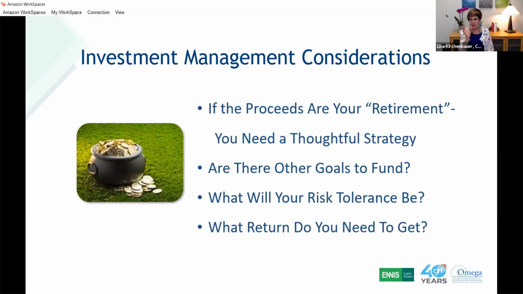And yet, as you can start to see, there are multiple facets to really having a good wealth management strategy as you exit your business. So one of the things for a lot of business owners, especially small business owners, we find that their business is their retirement plan.